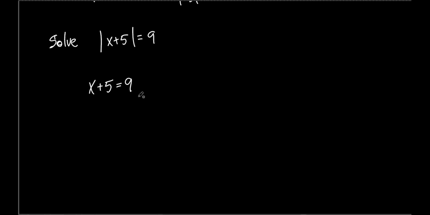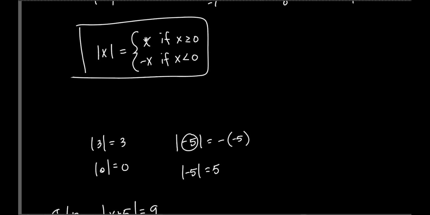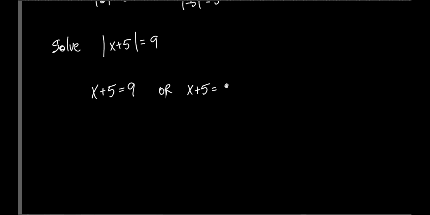And then the absolute value of x could equal negative x, right? So I don't know if this x is positive or negative. So I'm going to do 1 positive, and then you've got that or, and then x plus 5 is equal to, what did that definition say to do? The absolute value of x is equal to positive x, and the absolute value of x is equal to negative x. So what am I going to do right here? Yeah, I'm going to go negative 9. Okay?